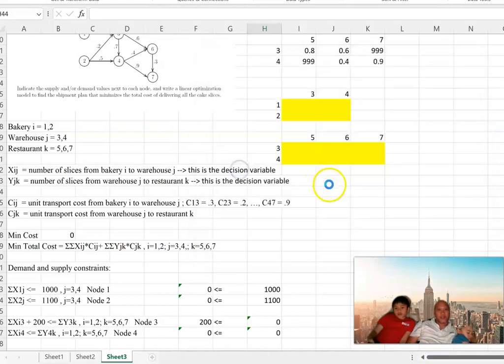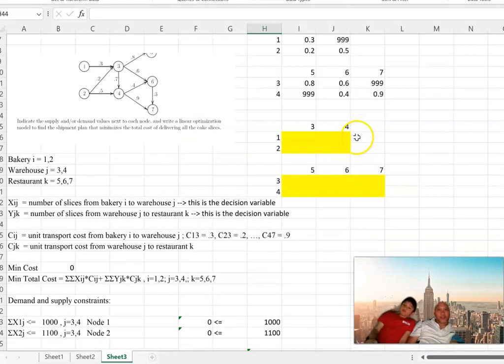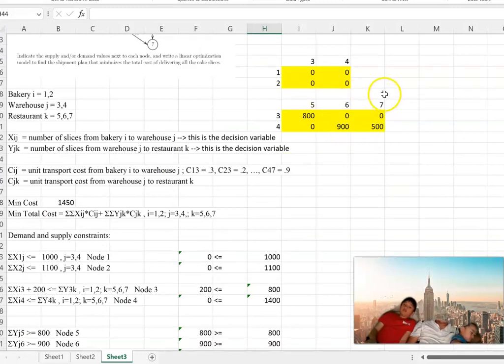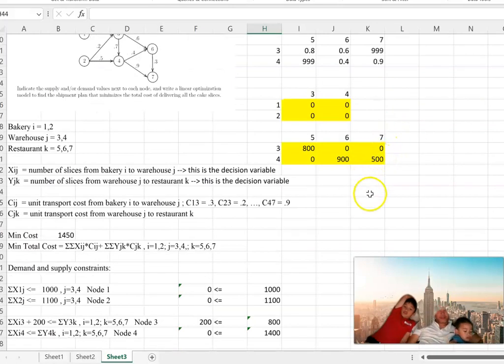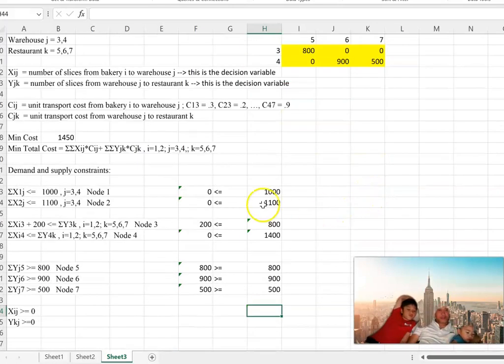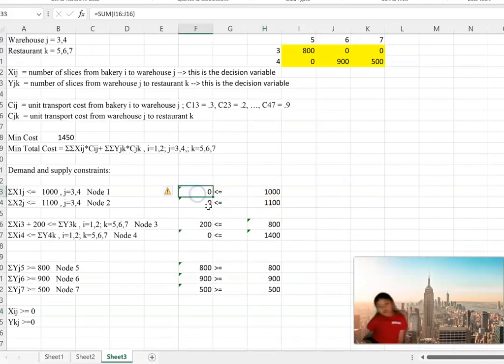Found the solution, and where's the solution? There.